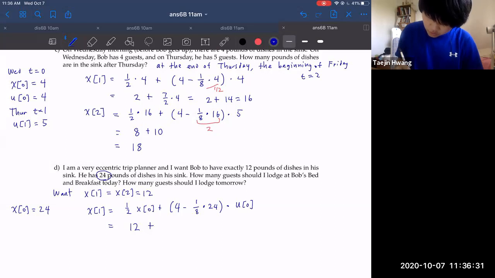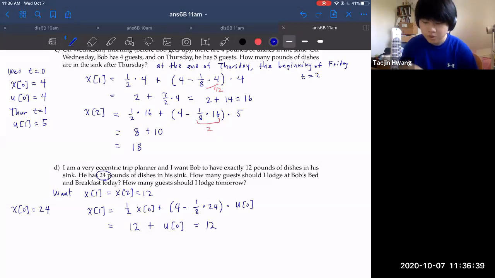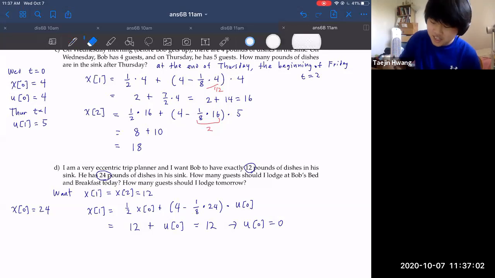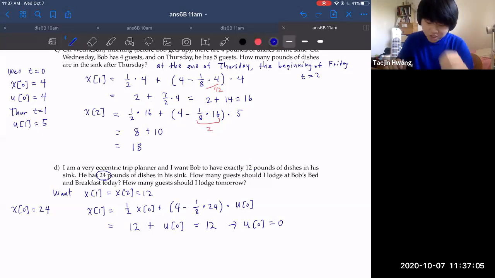So then 12 plus 4 minus 3 u of 0, we want that to be equal to 12, right? So this tells us that u of 0 is equal to 0. And if you think about it intuitively, if you start with 24 pounds of dishes in your sink and you wash half the dishes at the beginning, and then you let guests in, well, if you want to end up at 12, you have to not let any guests in and just wash dishes all day. So it's kind of sad for Bob, but he's going to be washing dishes all day until there are 12 pounds of dishes.